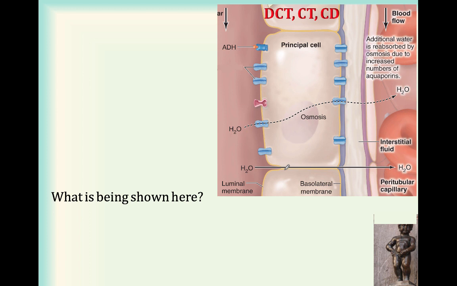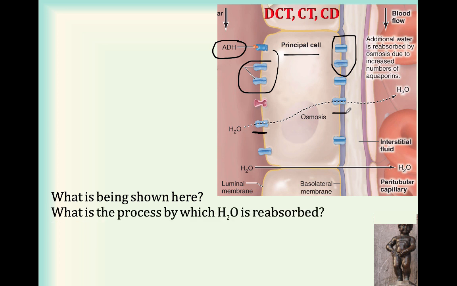Okay, and what is it that's being shown here? Again, we're looking at principal cells. Oh, look at that. What are we trying to reabsorb in this particular case? Yeah, we're trying to reabsorb water because these are aquaporins. Here you can see a water channel, and water moves across via osmosis.